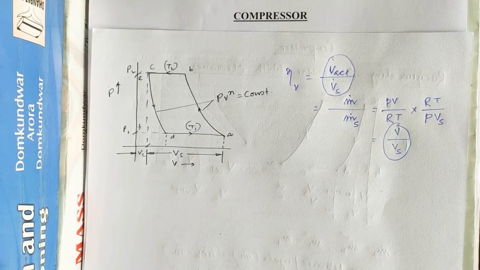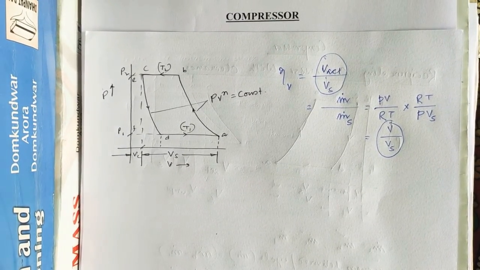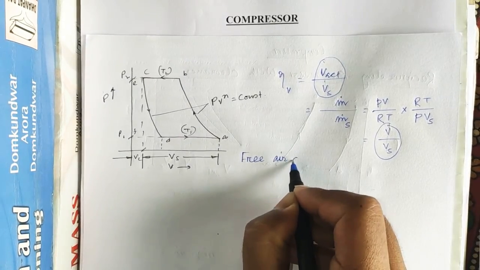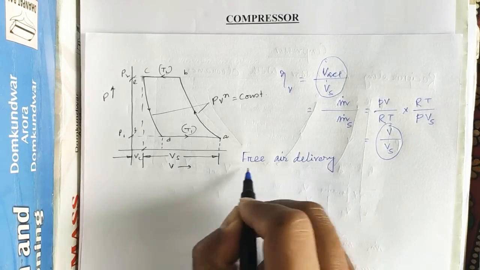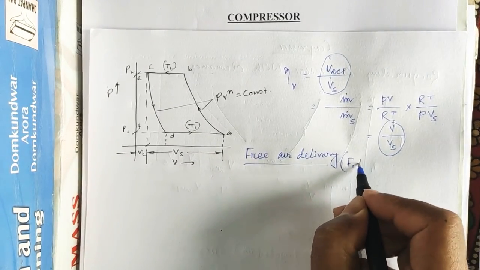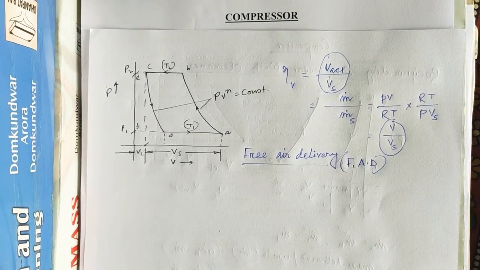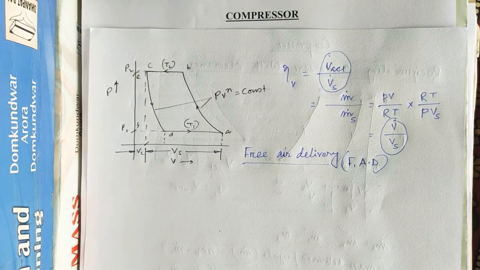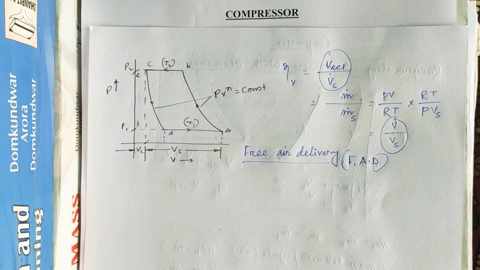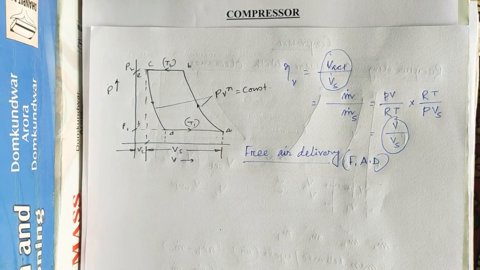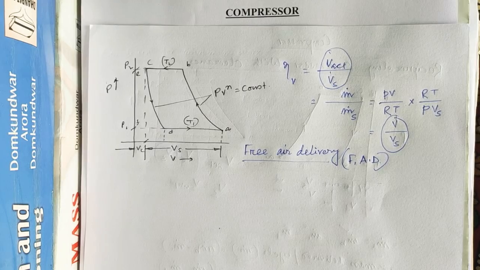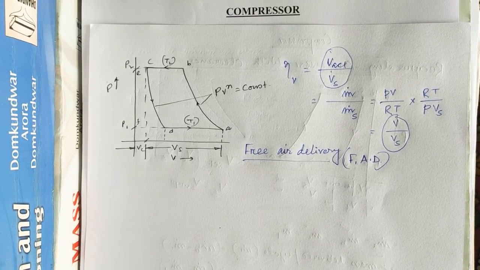Now regarding the calculation of volumetric efficiency, another term is used that is known as free air delivery, which is called FAD. What is FAD? Free air delivery is the volume of air actually dealt with by an air compressor, and the volume delivered is measured at the pressure and temperature of the atmosphere in which the machine is situated. That means free air delivery is to be measured with respect to the atmospheric condition.